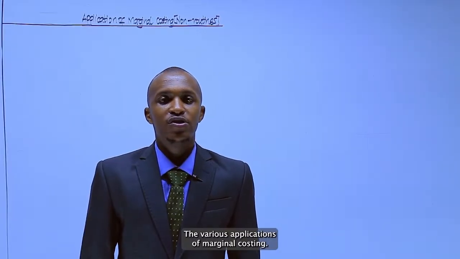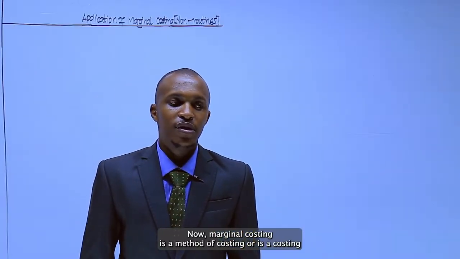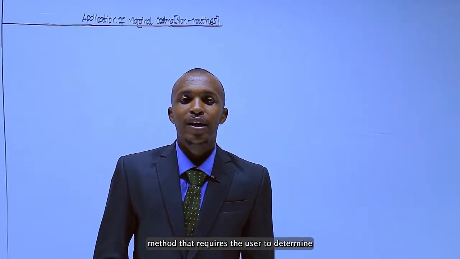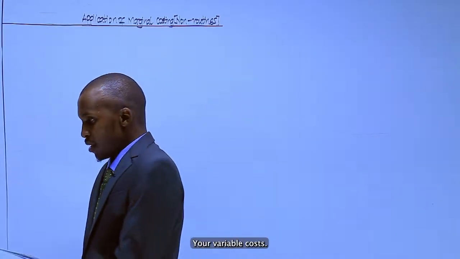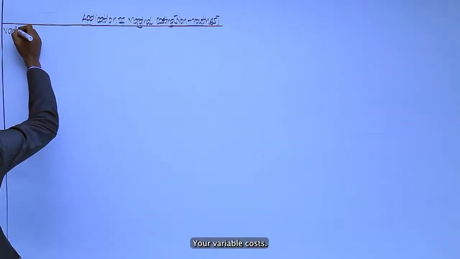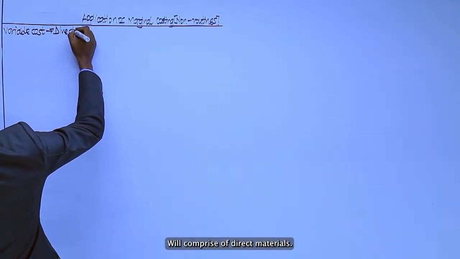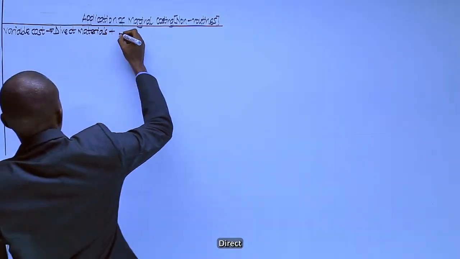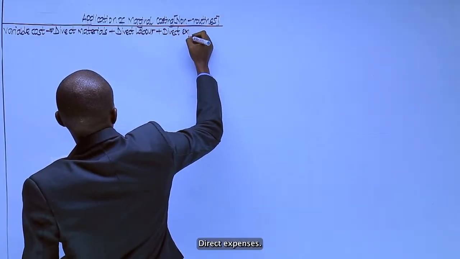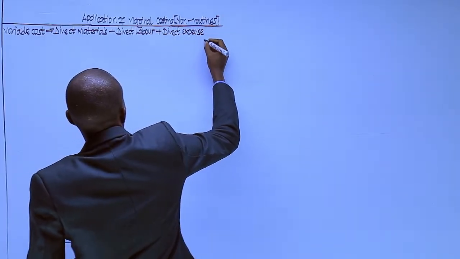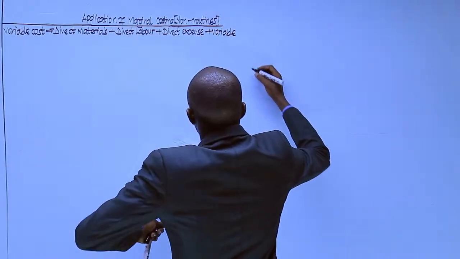Now, marginal costing is a costing method that requires the user to determine variable costs, such that your variable costs will comprise direct materials, direct labor, direct expenses, and variable overheads.